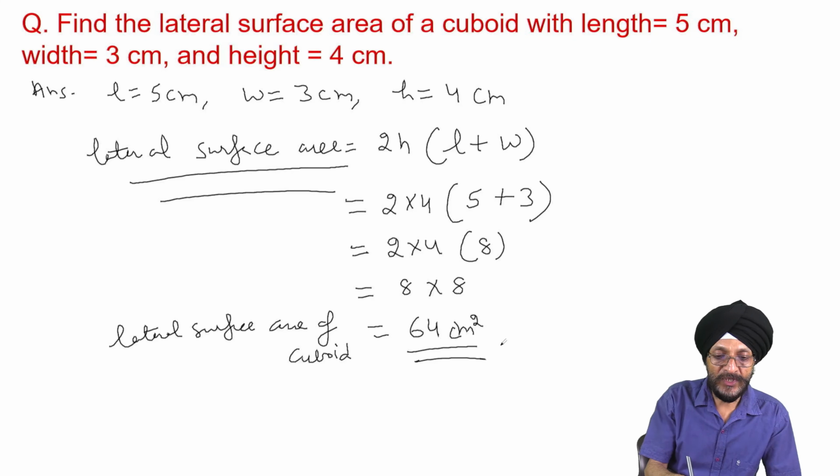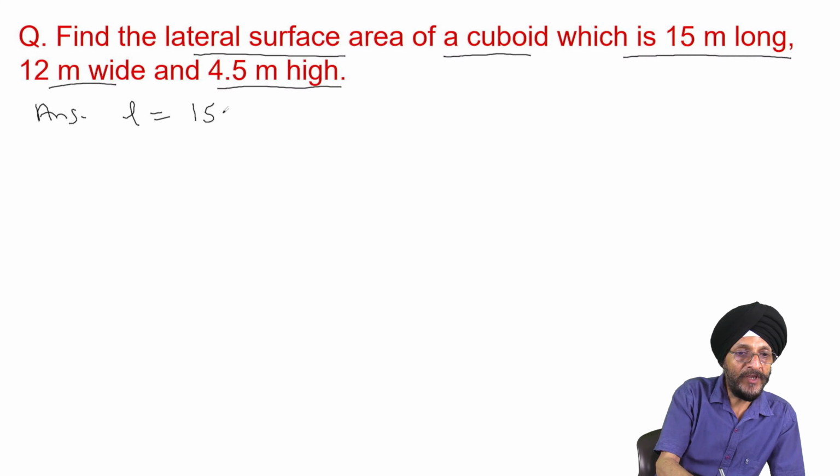Now another question before us is: find the lateral surface area of a cuboid which is 15 meter long, 12 meter wide, and 4.5 meter high. Now what is given in the question? Length is equal to 15 meter.